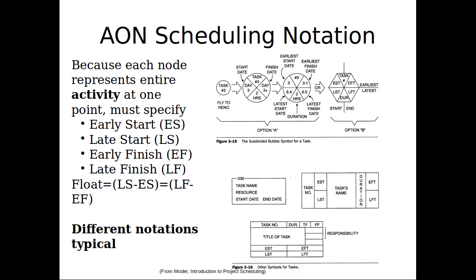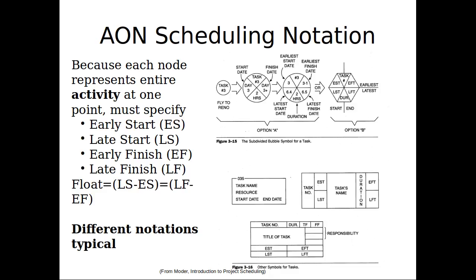Meanwhile, the late start is just the latest finish minus the duration. Okay? So if we know the latest we can finish this task without delaying the whole project, we can arrive at the latest we can start it by just subtracting the duration.